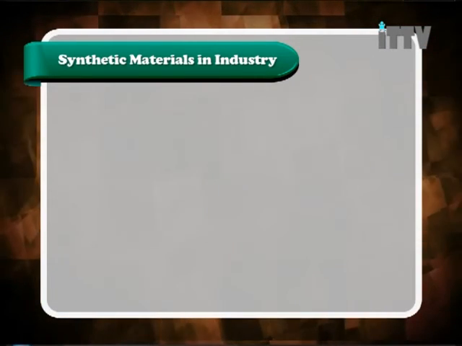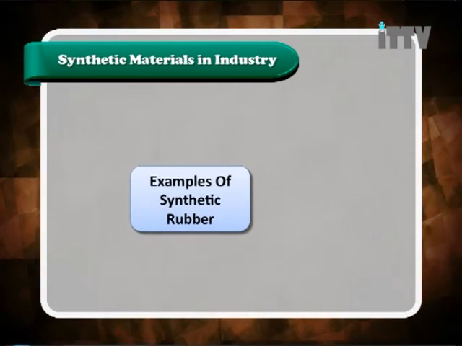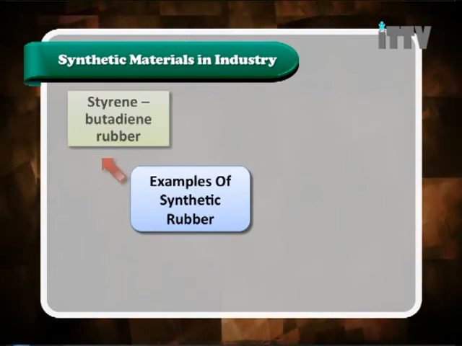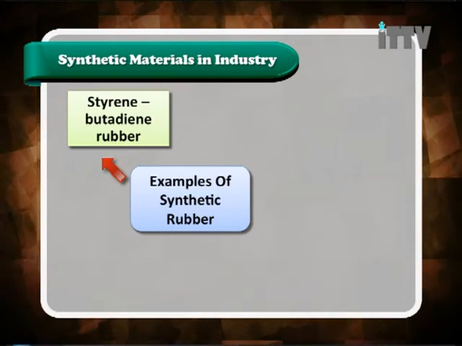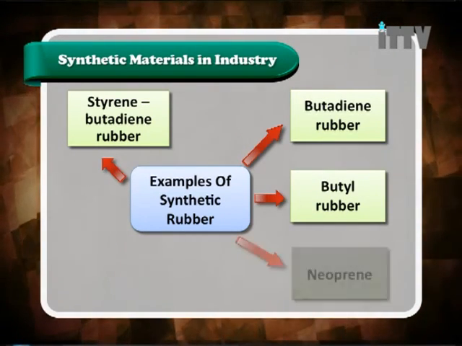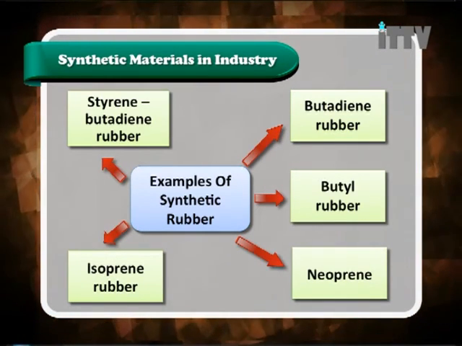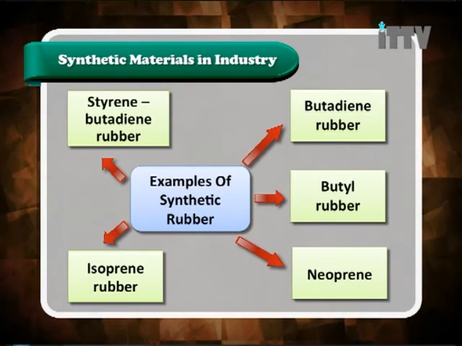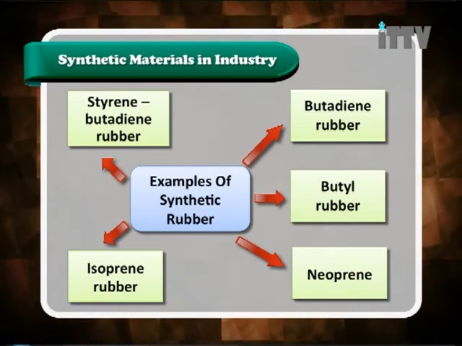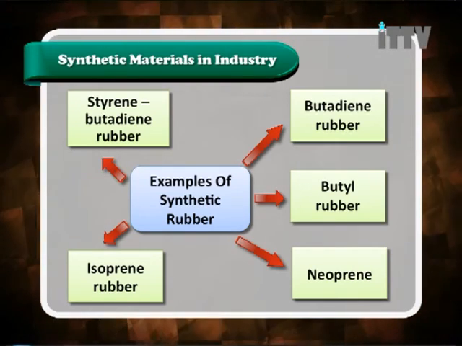On top of that, we have learned synthetic rubber and the examples of synthetic rubber like styrene butadiene rubber, butyl rubber, neoprene, and isoprene rubber. Synthetic rubber is used to make tires, shoe soles, gloves, cables, and hoses.